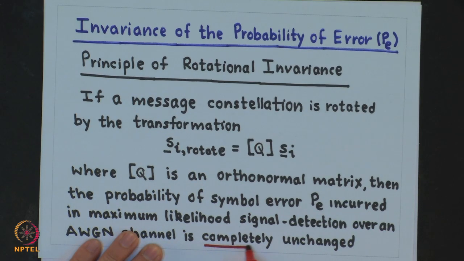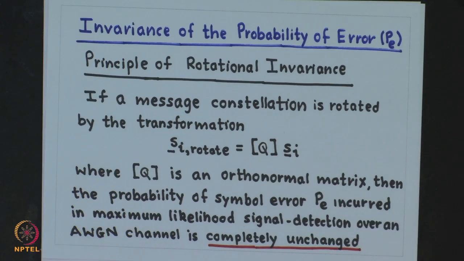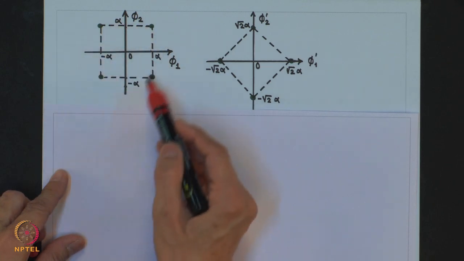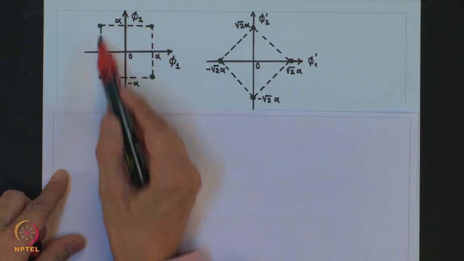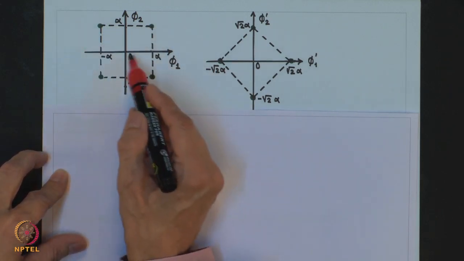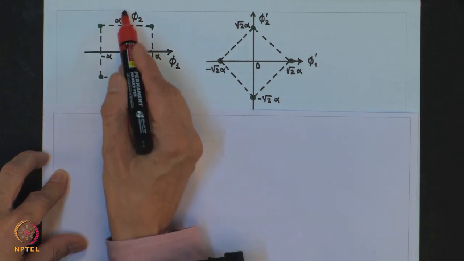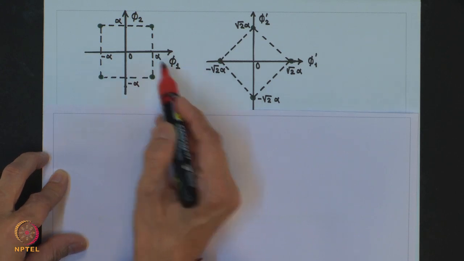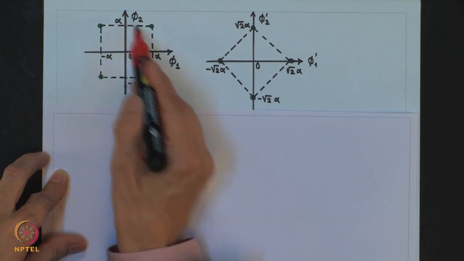So, Pe is rotation invariant. Let us take a simple example to understand what we are studying. Let us assume that I have a signal space diagram or signal constellation as shown here. There are 4 points in this. Now, these 4 points have been plotted with reference to these two signals phi 1 and phi 2, which are orthonormal.